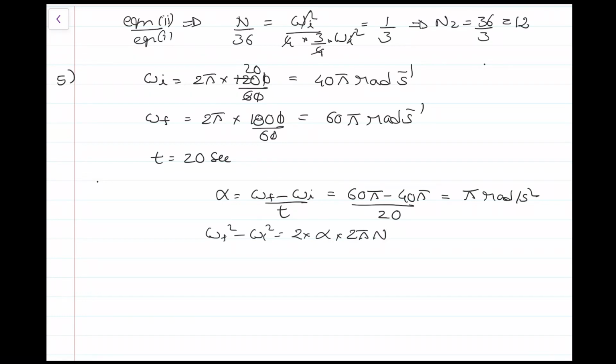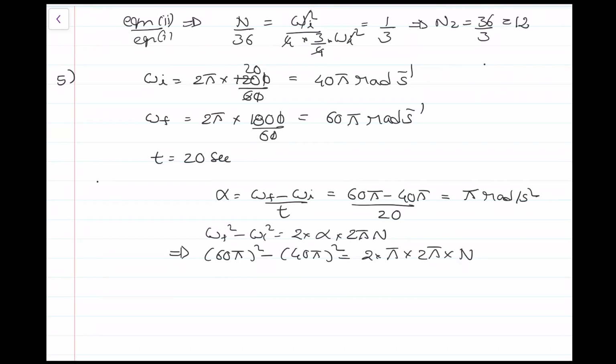θ is 2πn. ω final square is 60π whole square minus 40π whole square, equals 2α, where α is π. I substitute α as π, into 2π into n.